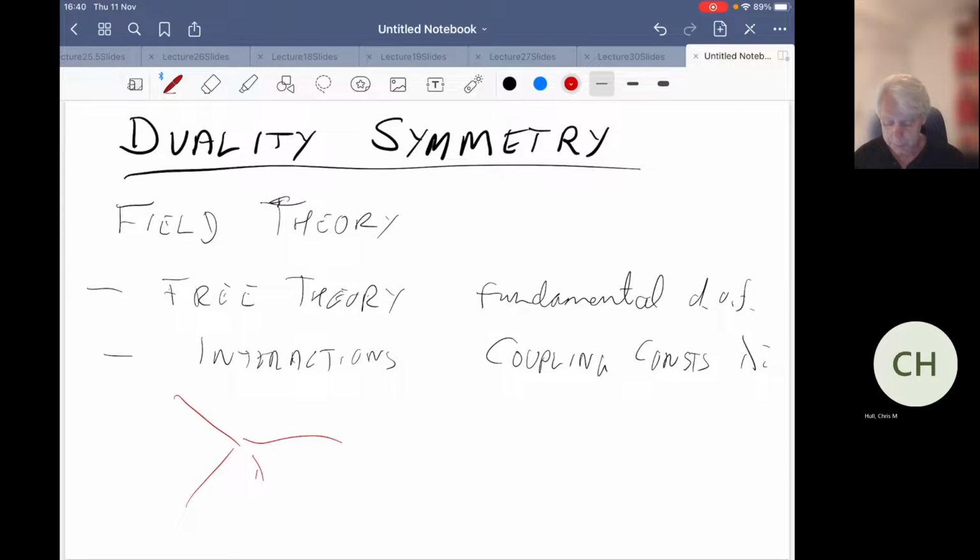And there's a well-known recipe for doing that, giving rise to a representation of interactions in terms of Feynman diagrams.